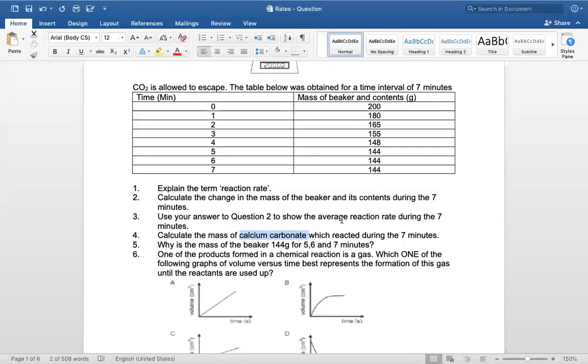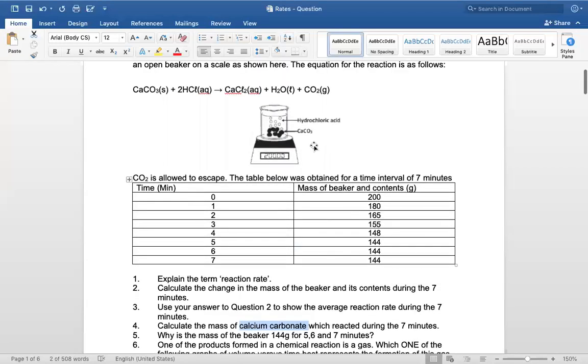And the mass of the gas that was released in question 3 will be carbon dioxide. But the question is, calculate the mass of the calcium carbonate which reacted. So this is the stoichiometry section we did last year, right? Stoichiometry.